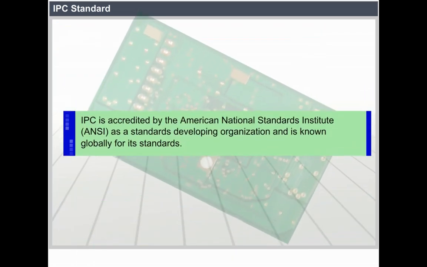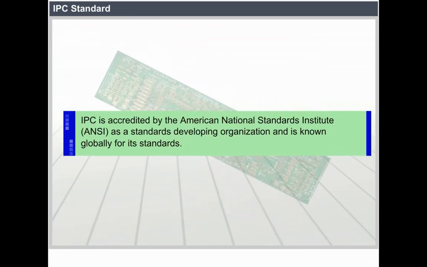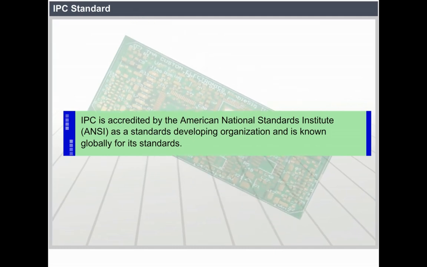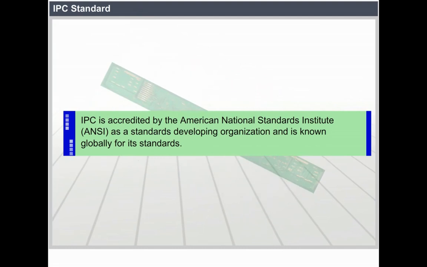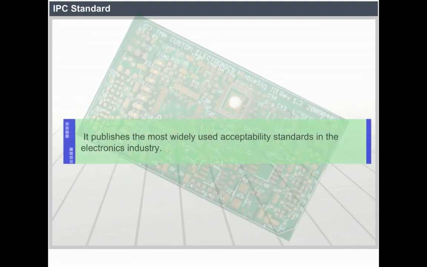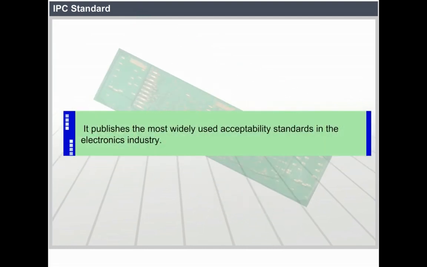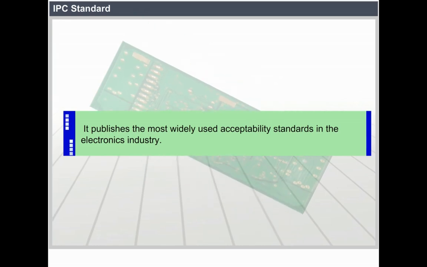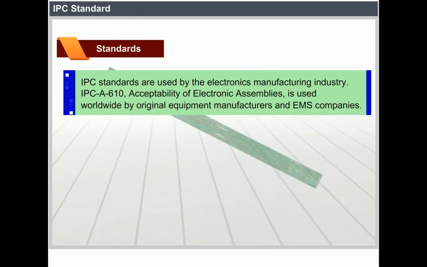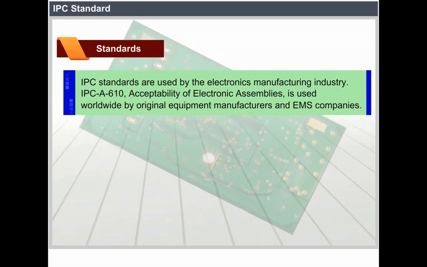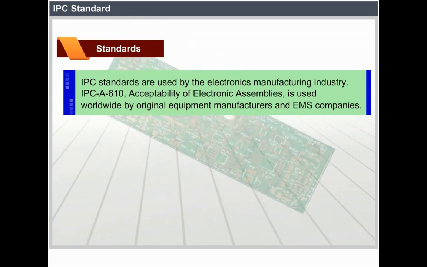IPC is accredited by the American National Standards Institute (ANSI) as a standards developing organization and is known globally for its standards. It publishes the most widely used acceptability standards in the electronics industry. IPC standards are used by the electronics manufacturing industry.